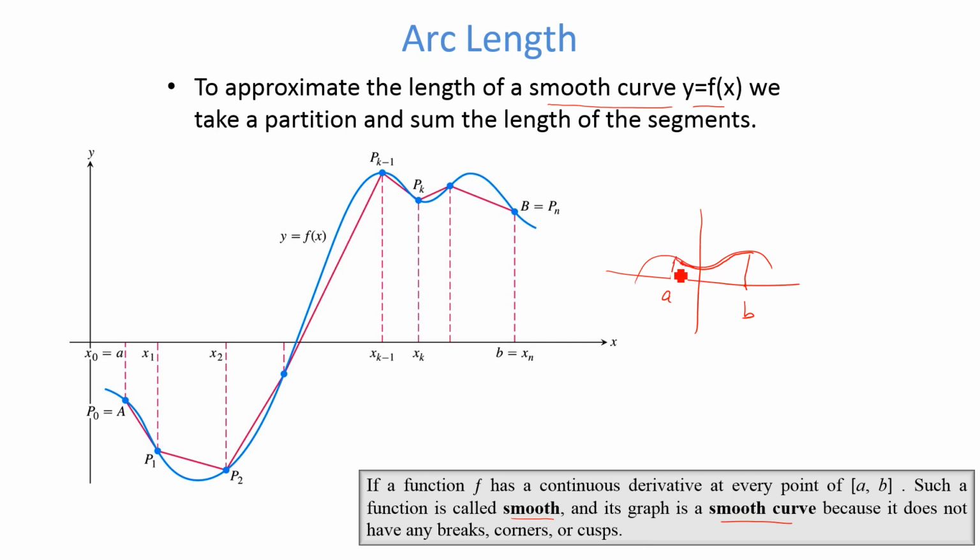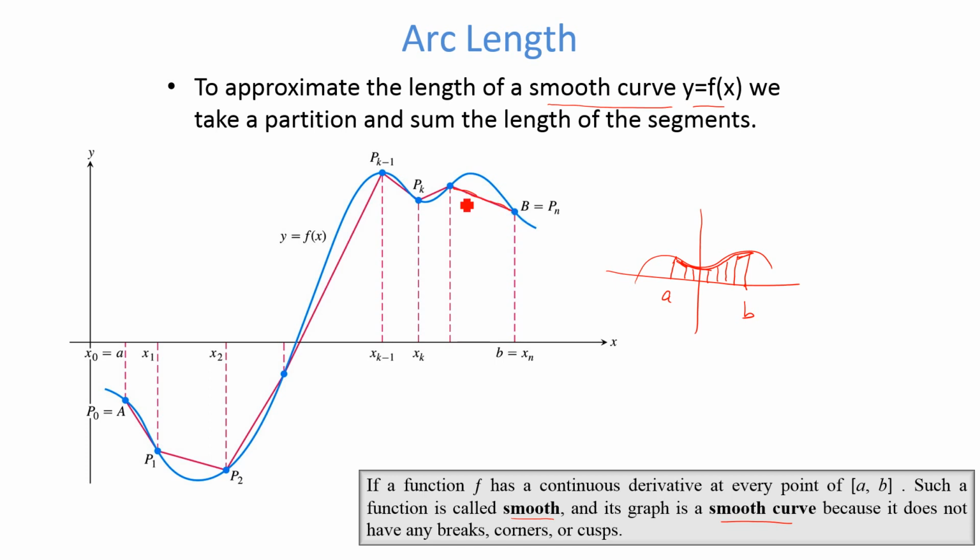So what is the procedure to approximate this? We will, as always, subdivide this into subintervals. That is, we are going to take a partition of this interval. So at every point we are going to join the points by lines like this.